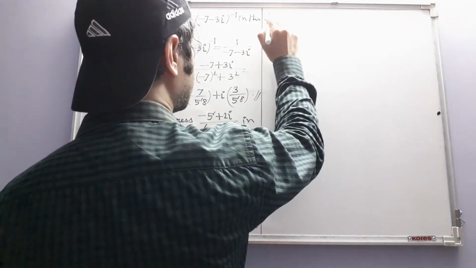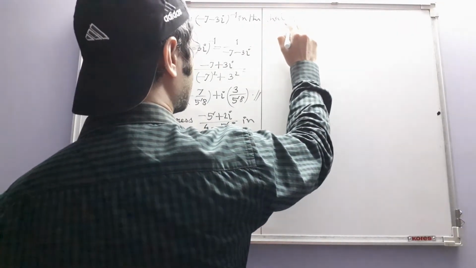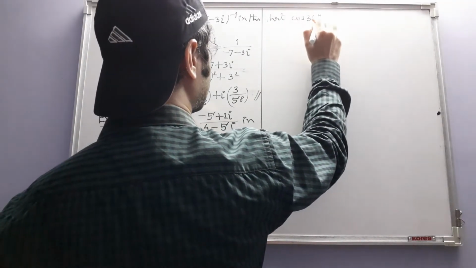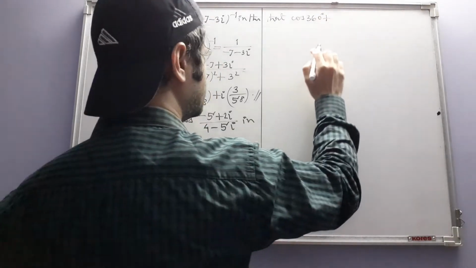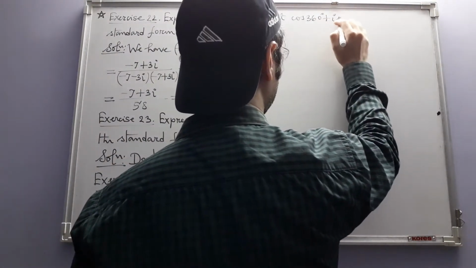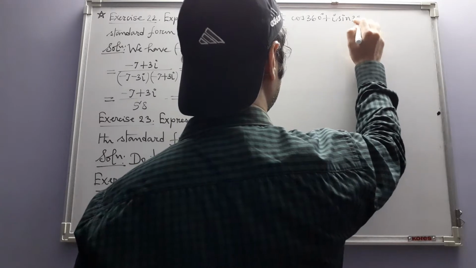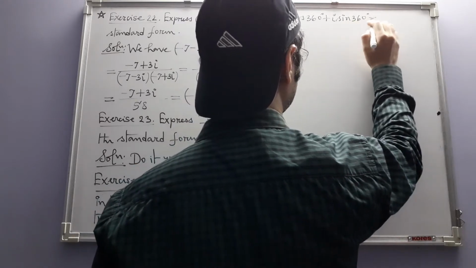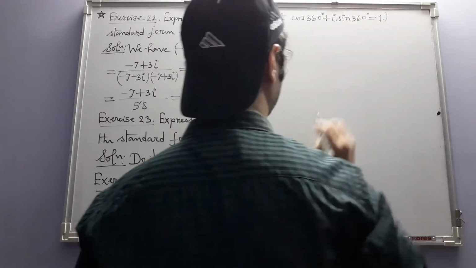Note that the complex number cos 360 degree plus I sin 360 degrees is equal to 1.